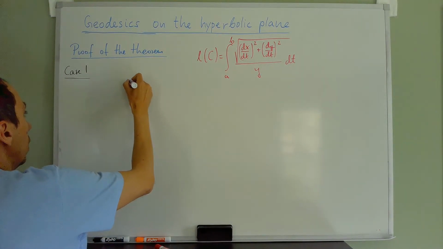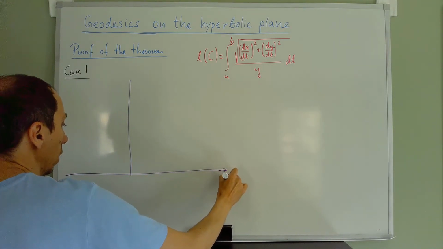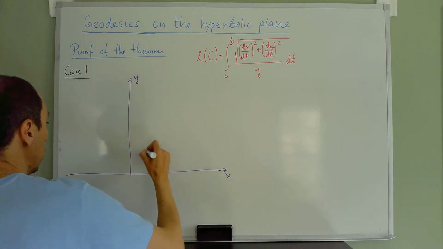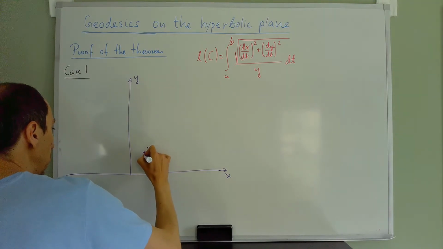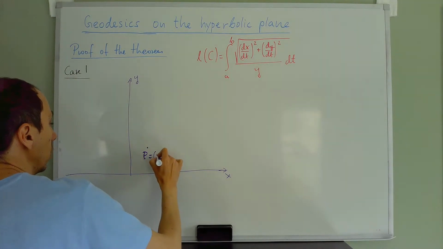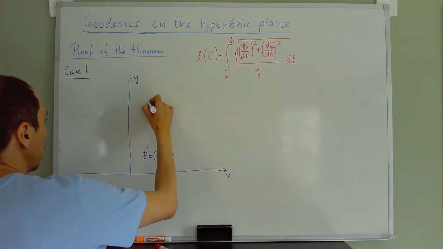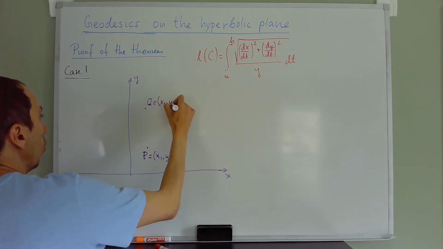Okay, so here is again the hyperbolic plane. And now I take 2 points. Let's say this is going to be P, and its coordinates will be x1, y1. And here's Q, and its coordinates are now x1, y2.